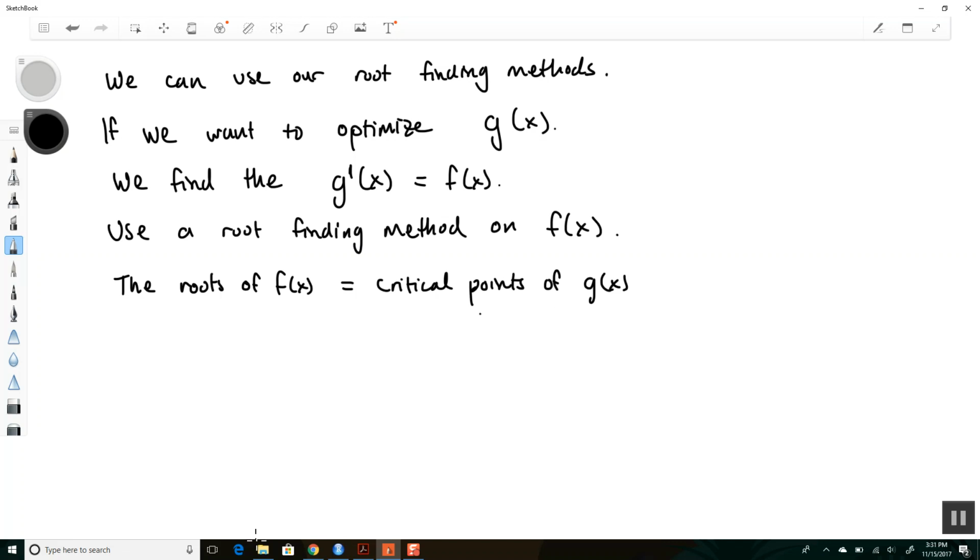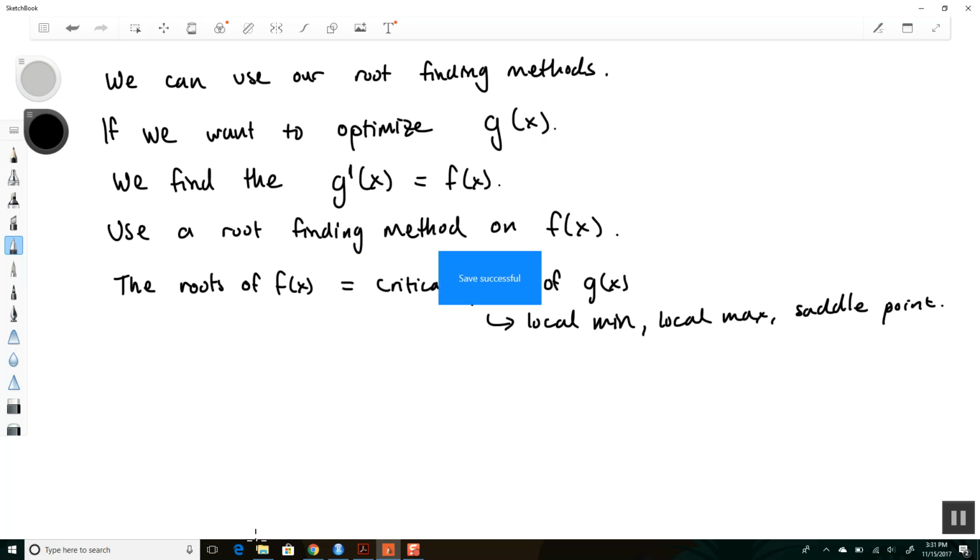Okay, again, which will either be a local min, local max, or a saddle point. And that's pretty much it, as far as our first family of optimization tools go.